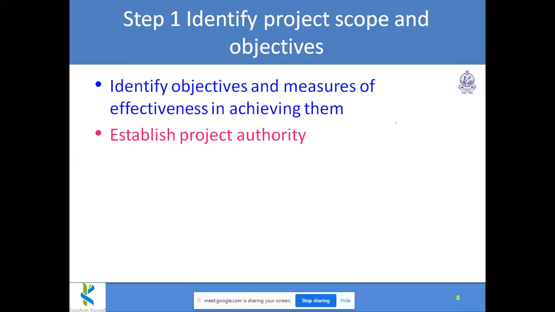One more, the managing director of that civil company is there, and the one who has assigned the project is the customer. If it is a house, only one person will be on the customer side. But if it is a public project like constructing a mall, a group of people will be there.